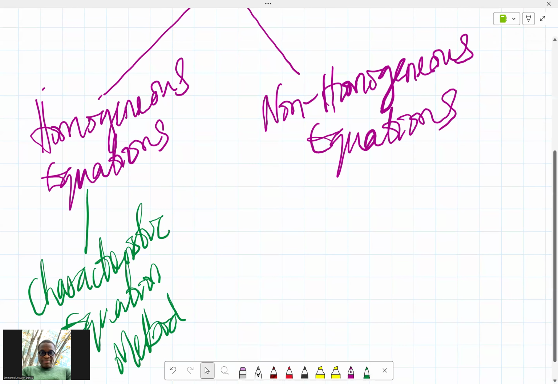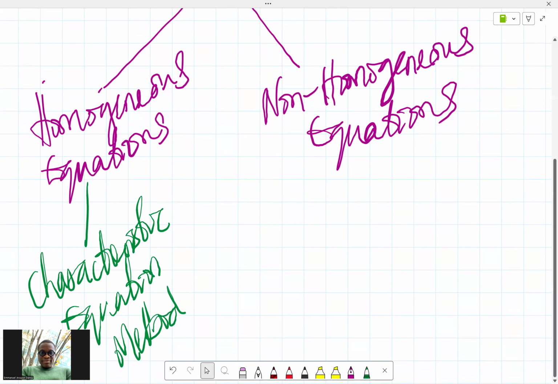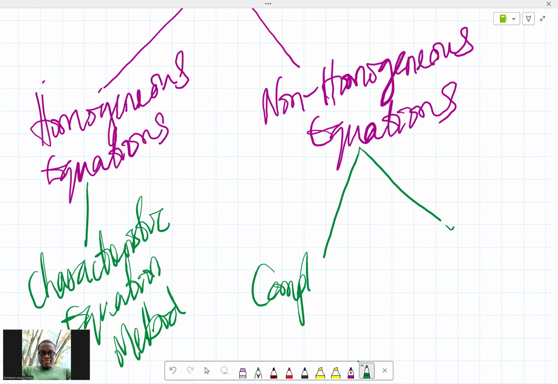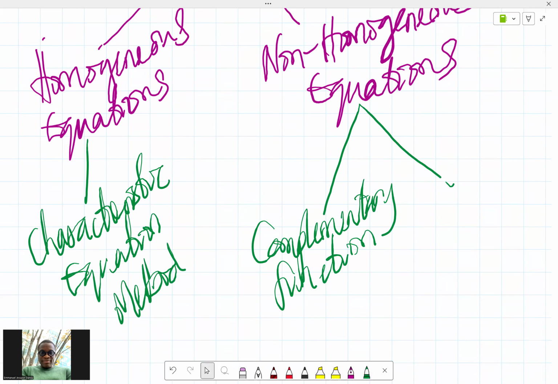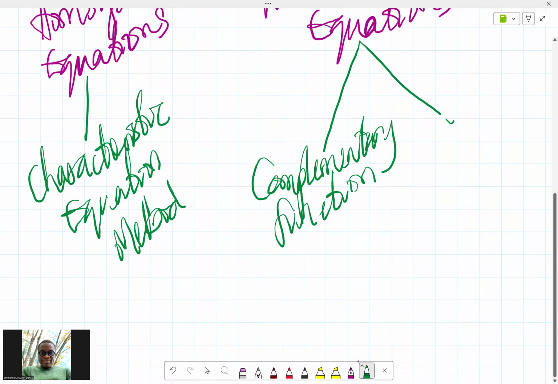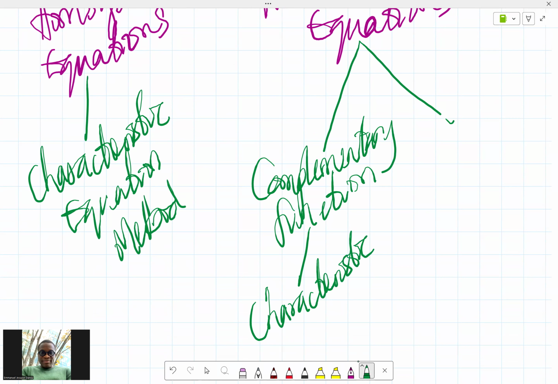And here too, the non-homogeneous equation has two parts. The first part is the complementary part where we get the complementary function, and that still uses the characteristic equation method.